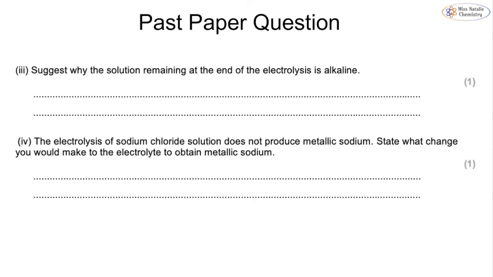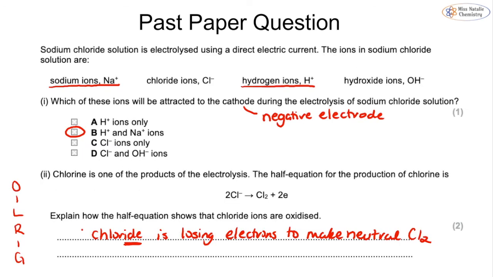Then suggest why the solution remaining at the end of the electrolysis is alkaline. Well, if we go back, we can see that we've got the sodium, the chloride, the hydrogen, and the hydroxide. So thinking at the cathode, sodium is high on the reactivity series, so we are going to form the hydrogen gas from the hydrogen ions.